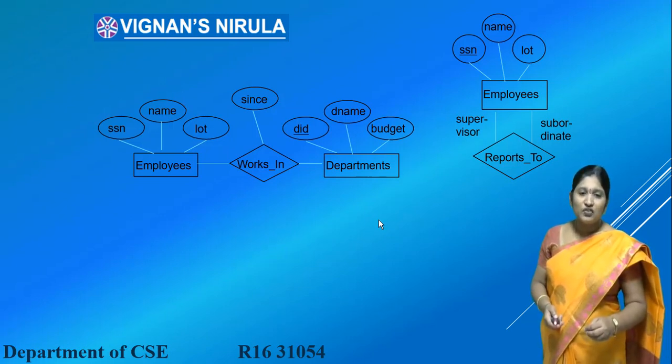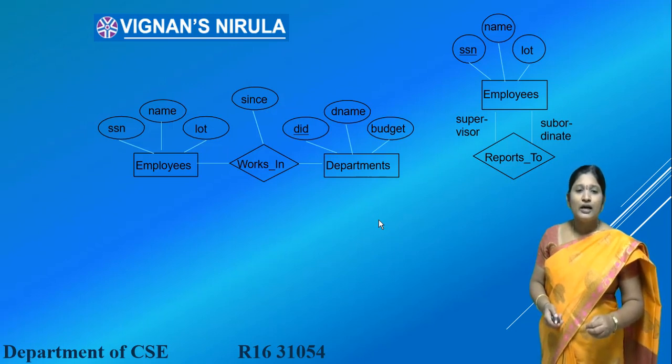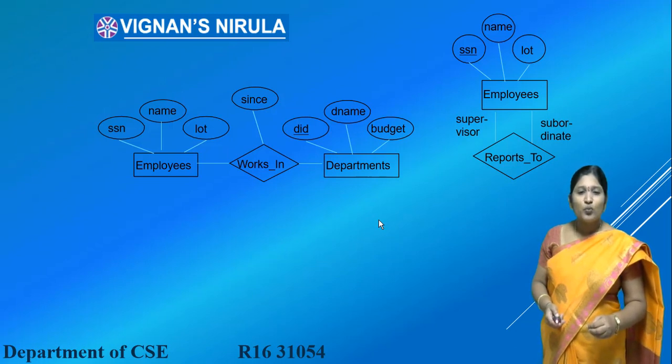Here Works_In is a relationship between the employees entity set and the departments entity set, and it is represented by means of the diamond symbol, and all the participating entities in that relationship are connected by means of lines to that relationship.